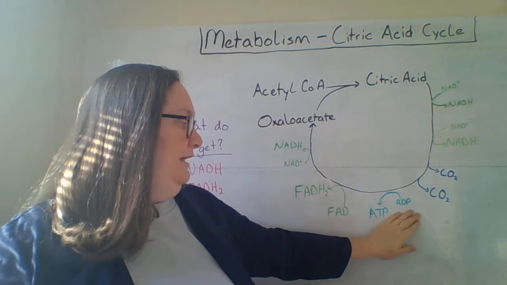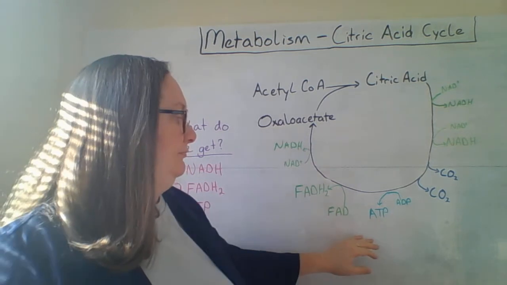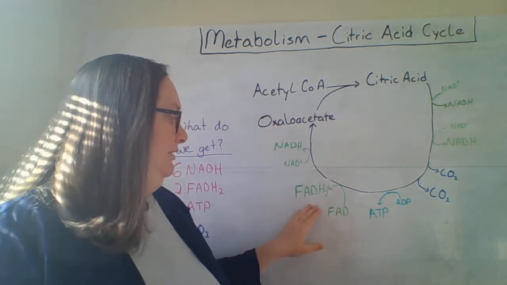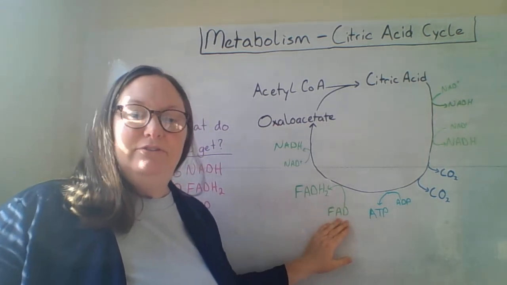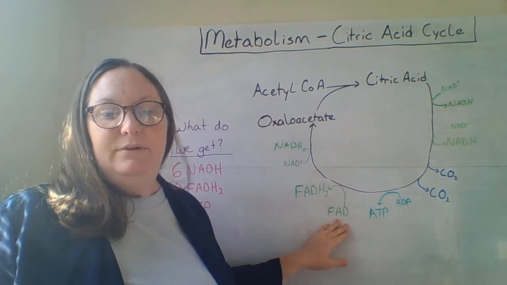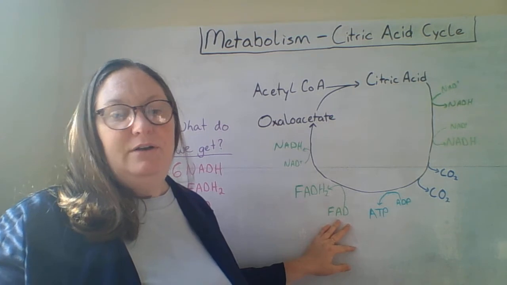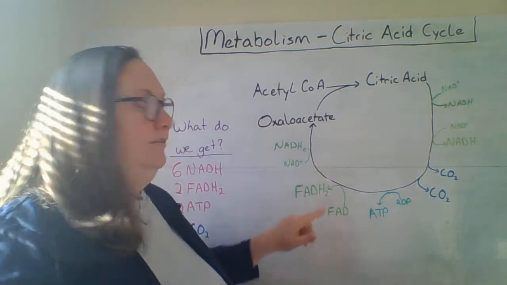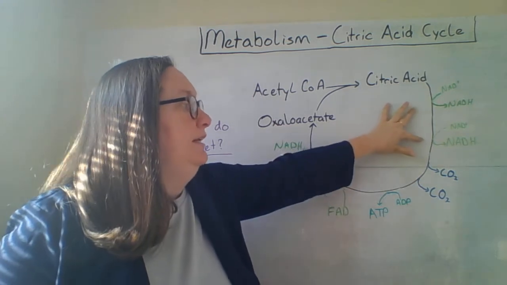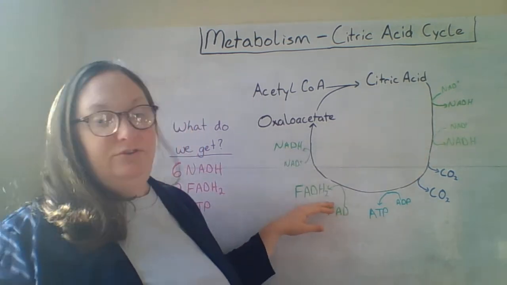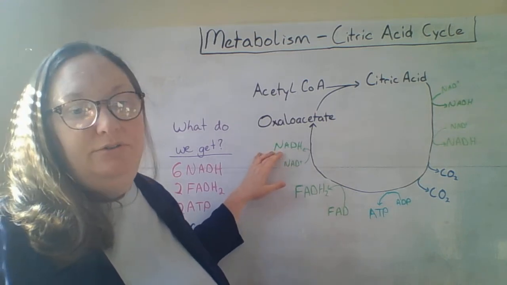And here, yay, ATP, we're producing ATP. And here, remember we discussed at the very beginning in the background information lecture that FAD becomes FADH2 to be an electron carrier. So not only are we making NADH, we're making FADH2. And another molecule of NADH.